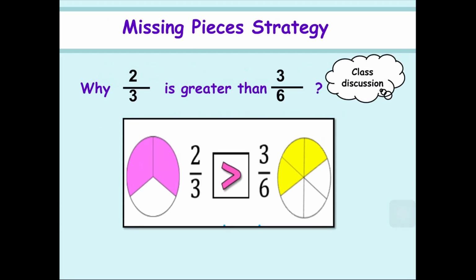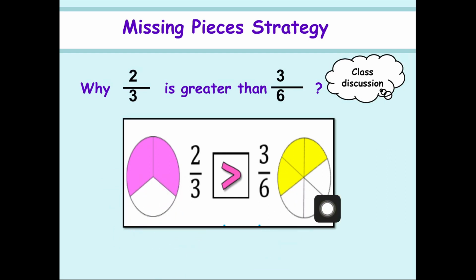All right, let's take another example for the missing pieces strategy. Here I have 2/3 of a pizza, and over here I have 3/6 of a pizza. So let's look at the missing pieces. Which one is missing more? Okay, look at this big chunk over here, and this one looks smaller.